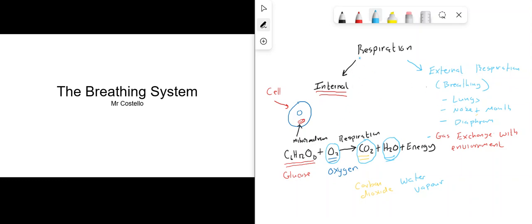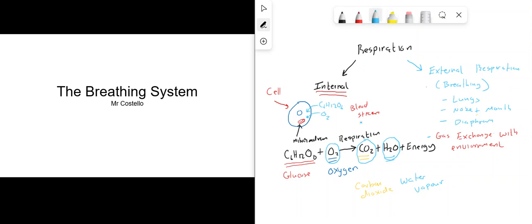And what happens is the breathing system interacts with the circulatory system. So for example, the glucose, C6H12O6, and the O2 have to go into the cell, and they get there through the bloodstream.